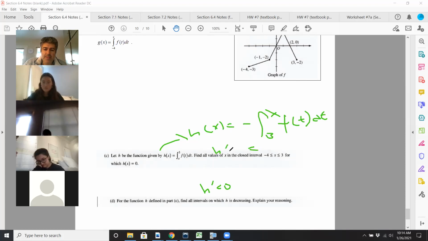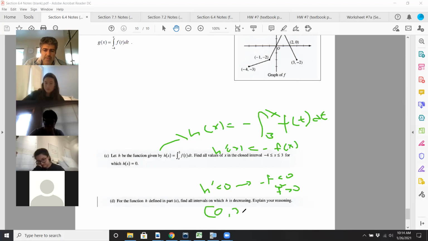Then h prime of x equals negative f of x. So in this case, if you want h prime to be less than 0, that means you want negative f of x to be less than 0, or f to be greater than 0 because you flipped the inequality. So now you're looking where f is positive, which is positive from 0 to 2, and we leave it as an open interval because you have to keep f positive.